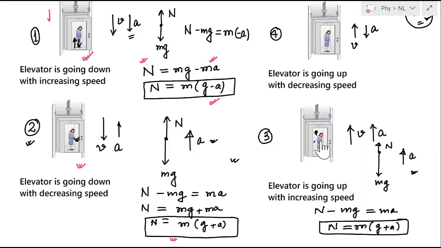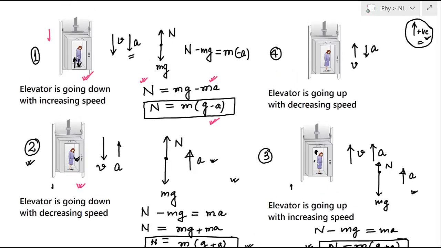So we can say the acceleration of the elevator and the acceleration of the moment are the same, and that is a in this case. So when this is on the ground floor, either it's just coming or it's just going from the ground floor, in both cases you will feel heavy, and the apparent weight will be N equals mg plus ma.